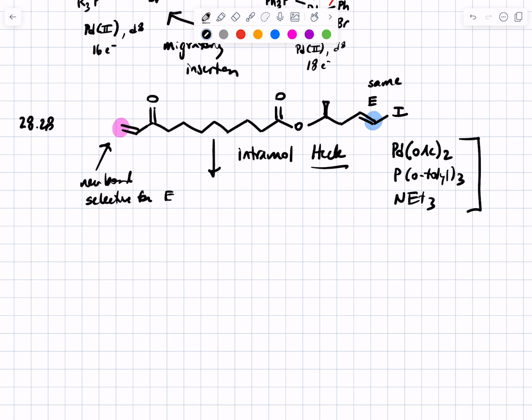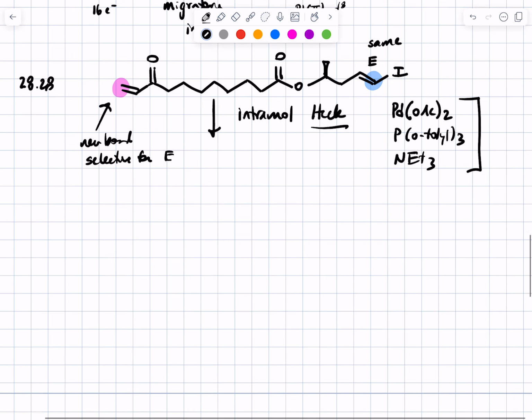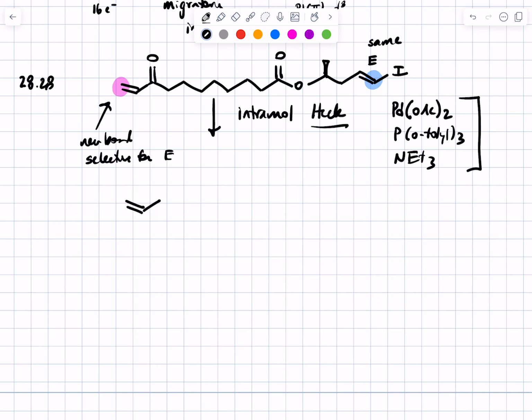So how do you put these together? It's not as difficult as you think. All you got to do is put an R group there, and then another R group there.